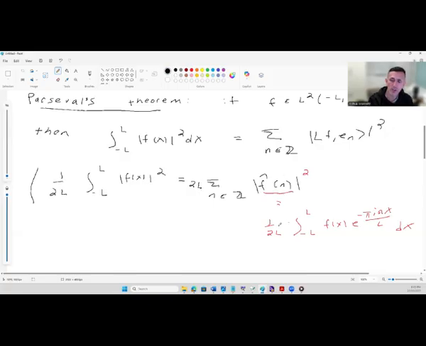So you square this, you get 1 over 2L squared times this is 2L. And for each En, you get a 1 over square root, and so you pull out 1 over 2L. So yeah, you square this, that gives you 1 over 2L, and you pull it out. So yeah, another way of writing this.